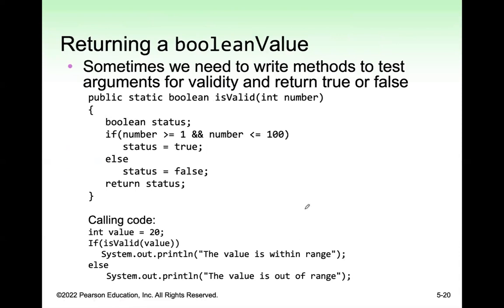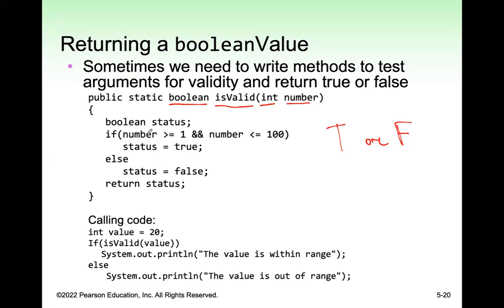Returning a Boolean value is also possible. The only difference, you need to specify Boolean. And remember, Boolean is either true or false. So these are the only two values that you can have when it comes to Boolean, true or false. Now, in here, we are just validating some number in this method. It's called isValid. It's going to return a Boolean, and it accepts a number, some sort of integer.